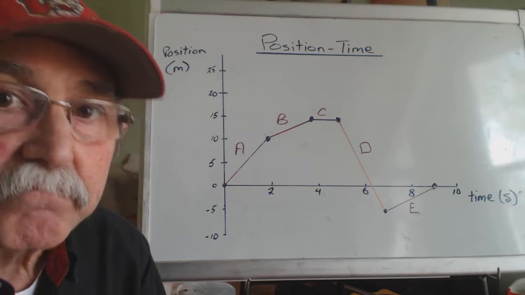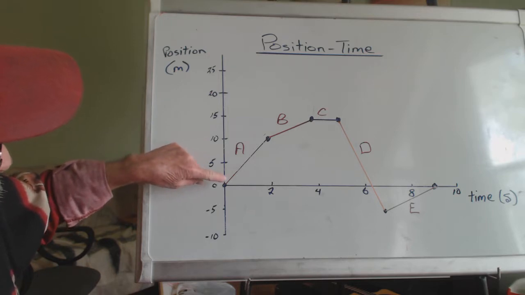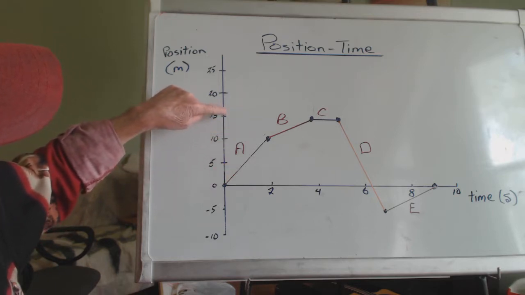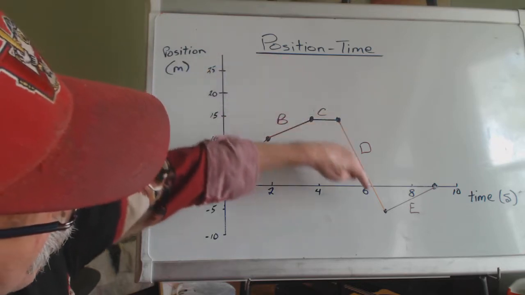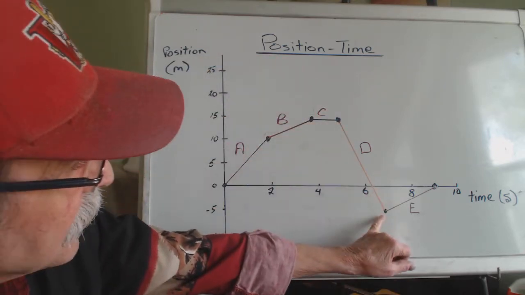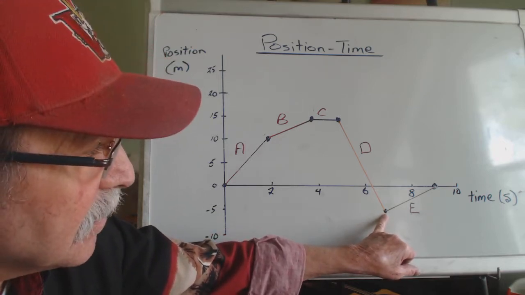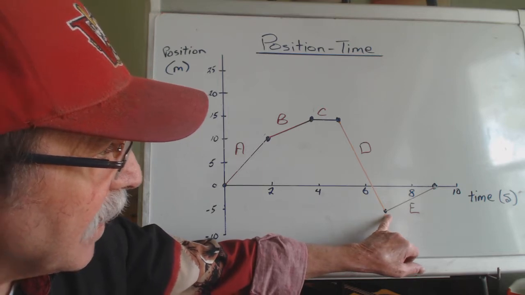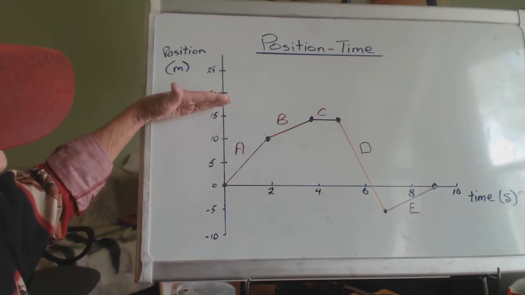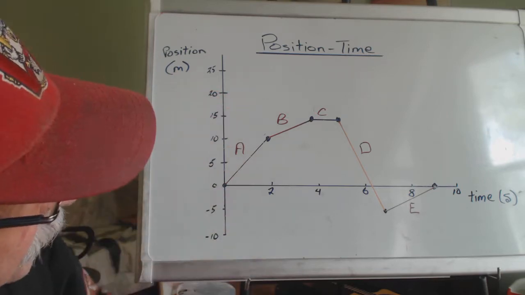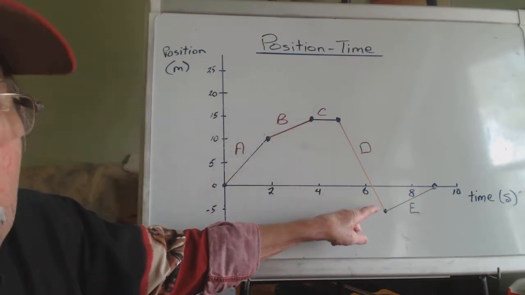The distance, that's a different story. What was the distance that this object traveled? Well, it went to the positive 15. It went all the way back through the origin into the negative 5 position, and then it returned to the origin again. So it went up 15, down 20, so there's 15, 20, that's 35.